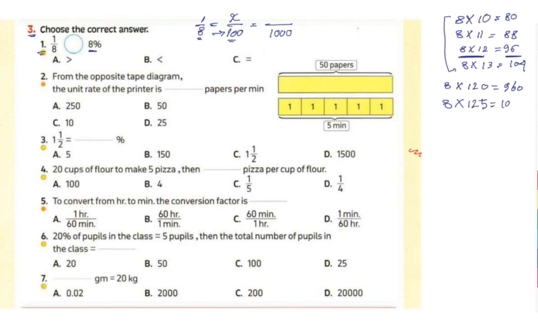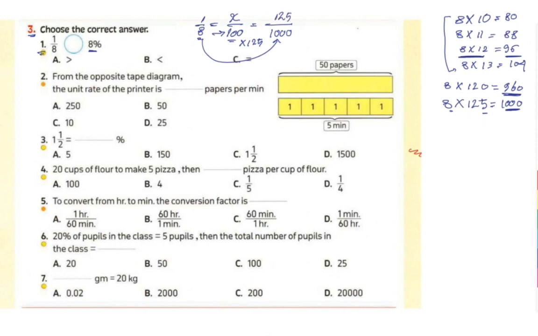Note with me. 8 times 120, plus 8 times 5 equals 40. If you add 40 to 960, you will have 1000. So 8 becomes 1000 by multiplying it by 125. So 1 times 125 equals 125.